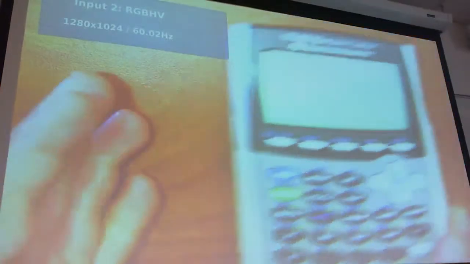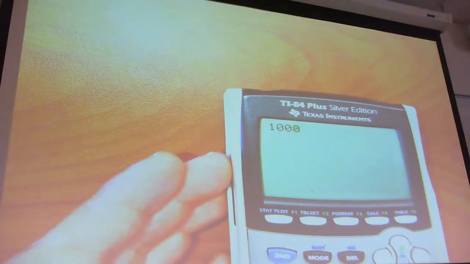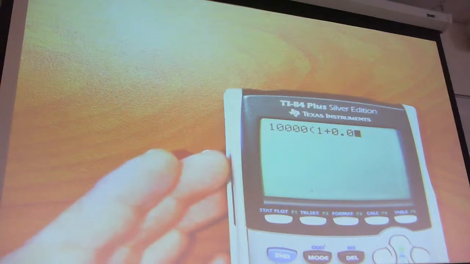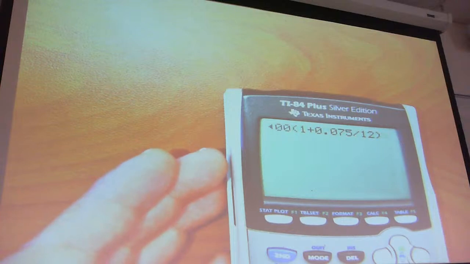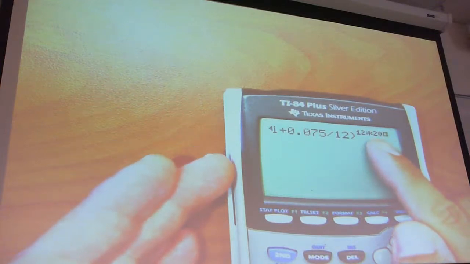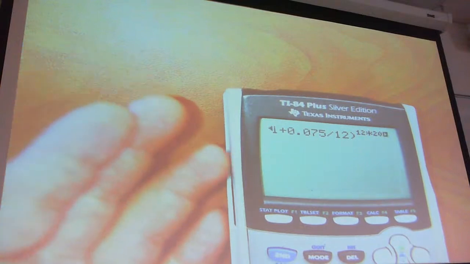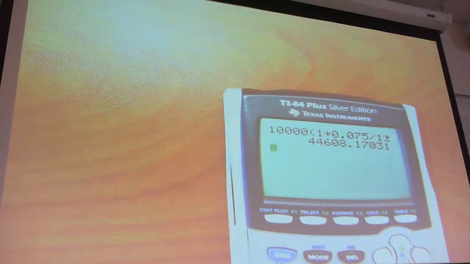So if I typed in 10,000, 1 plus 0.075 divided by 12, close parentheses, raised to 12 times 20. And again, if your calculator doesn't do the little raised part, just make sure 12 times 20 is in parentheses. That's the little stuff I'm talking about. Make sure you get 44,608.17.